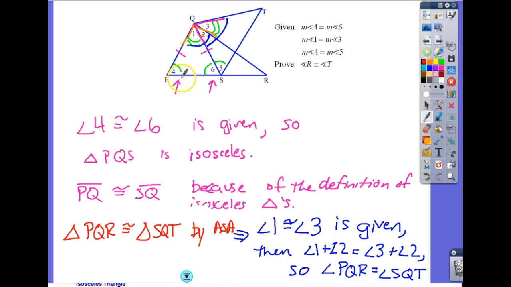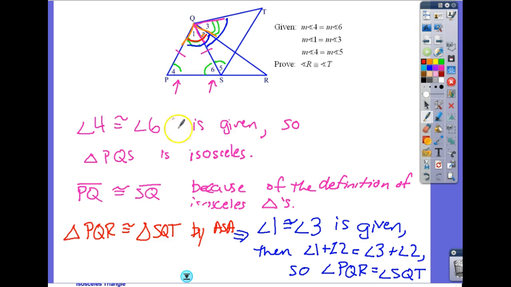I have angle 4, this side and angle PQR, this whole thing. I have angle 5 congruent to angle 4, this side congruent to this side, and this whole angle congruent to this whole angle. So angle, side, angle.